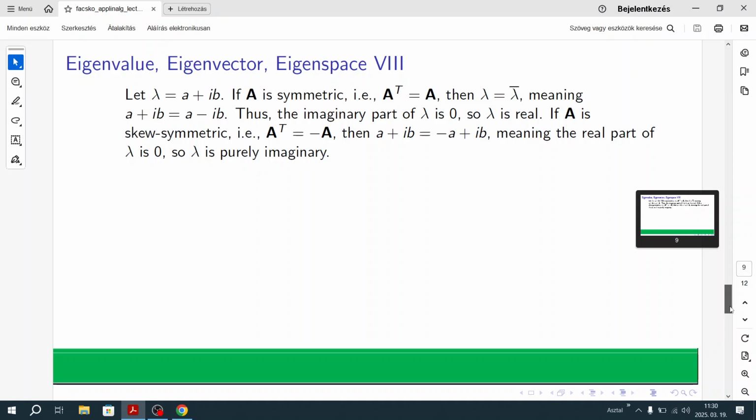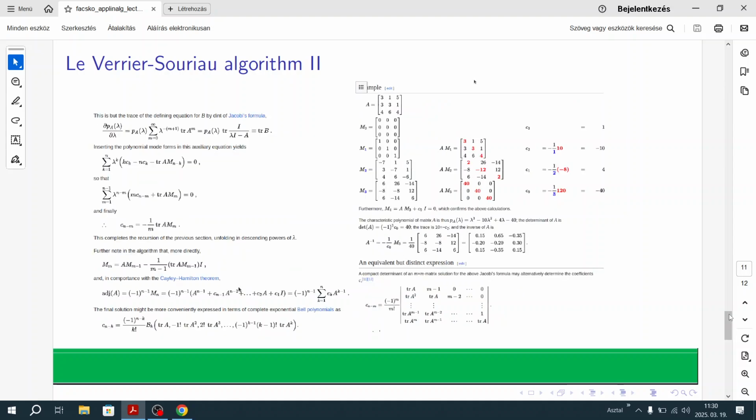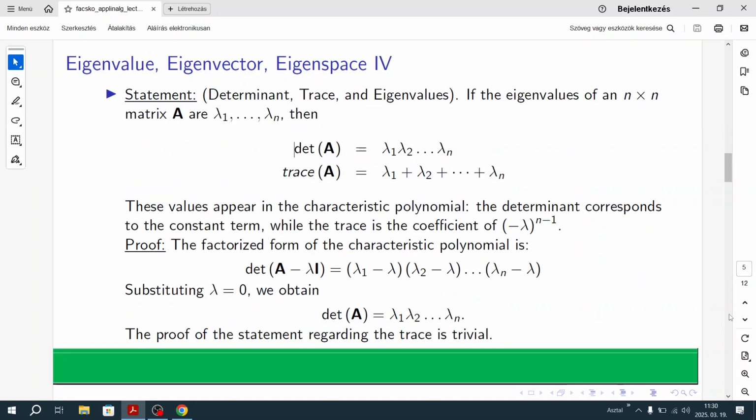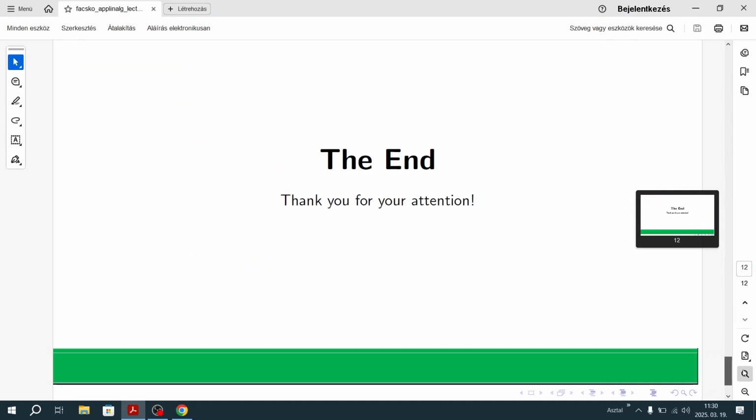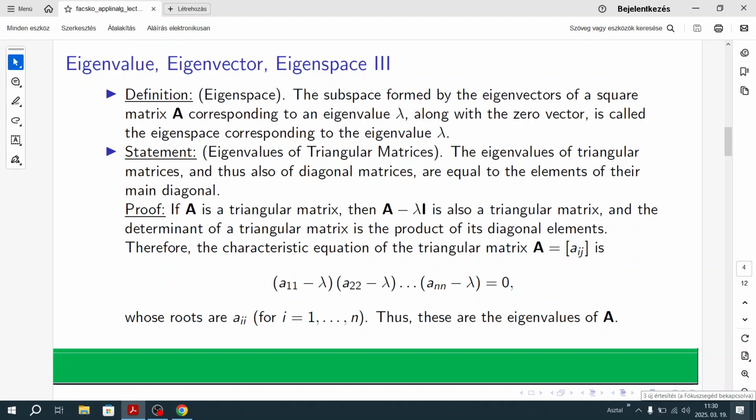And here is our monster, this Leverrier algorithm or whatever. I just wrote it down and don't really know why. I cannot tell you where you can use this method. Perhaps in a numerical algorithm, but will you learn numerical analysis?